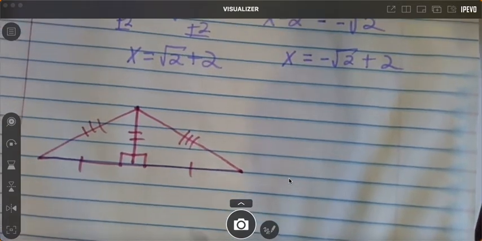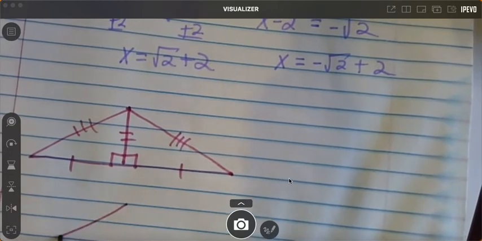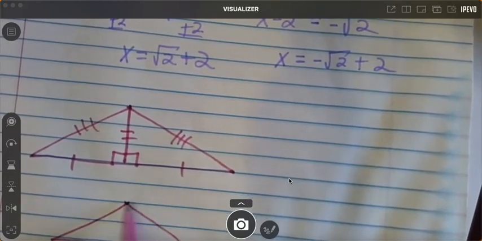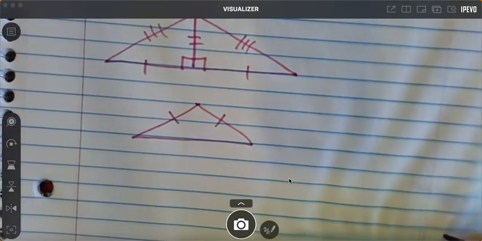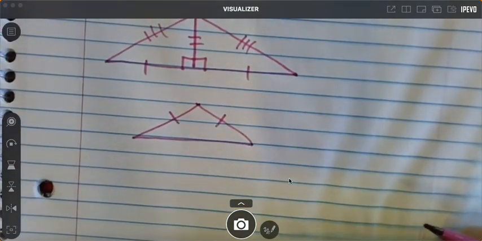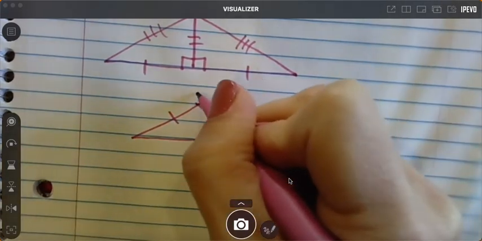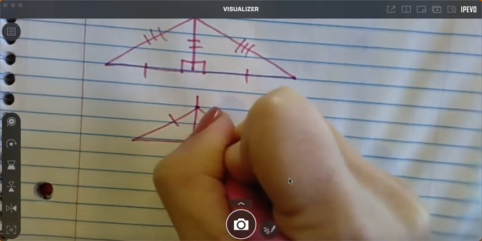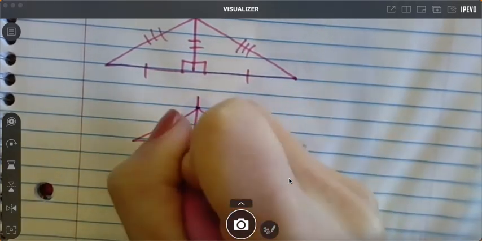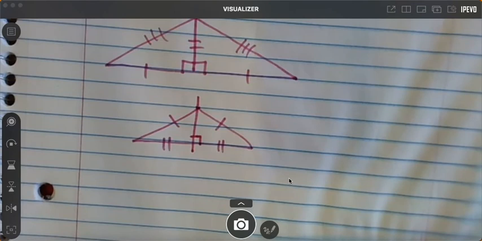I can say that if I know that I have a triangle and these 2 parts are equal, then if I draw a line straight through like this, then it's 90-degree angles and these 2 parts are equal. You're just taking it backwards. So we're going to use those rules for a problem in a second. Are we kind of getting that though? 90-degree angles and then equal sides.